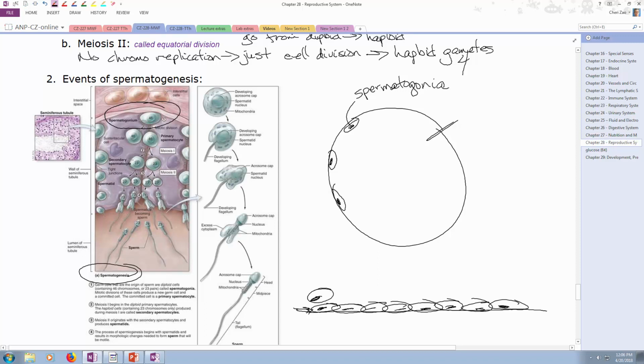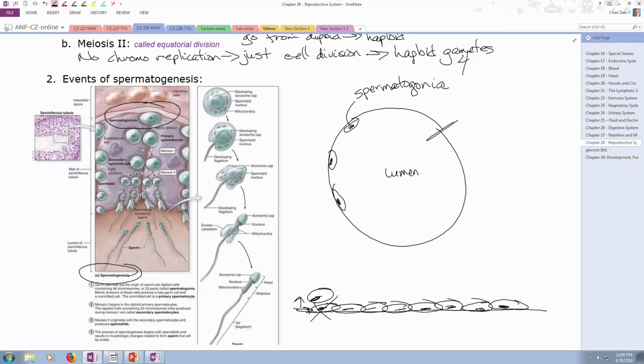I'm not going to completely X this one out because we're going to keep one of the two cells at the basement membrane or at the wall of the seminiferous tubule. The cell that is moving towards the lumen of our tubule is going to be the cell that's going to become the primary spermatocyte.